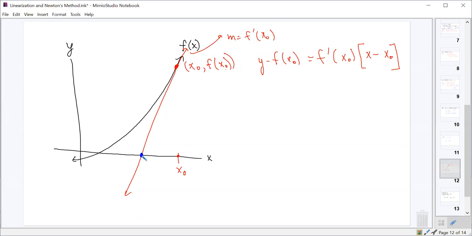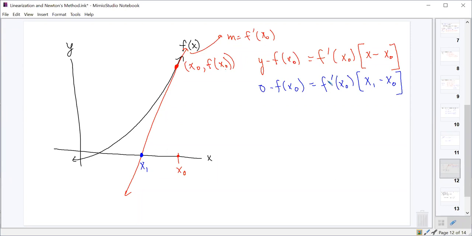This x-intercept should be, well, let's call it x1. It should be x1 comma 0, right? So the y value should be 0, and the x value will become x1. If we're looking for x1, we should be able to solve for x1. 0 minus f of x naught is just negative f of x naught.